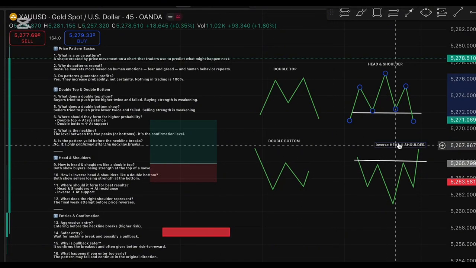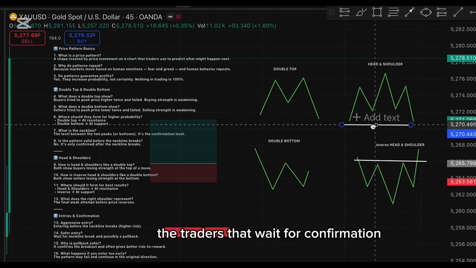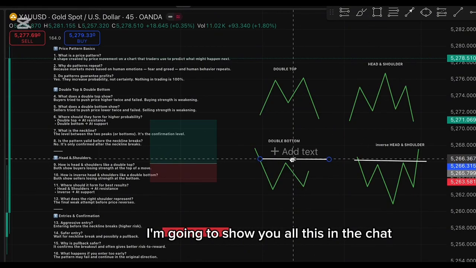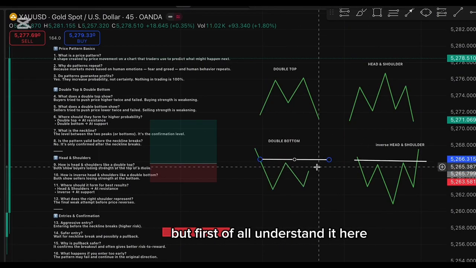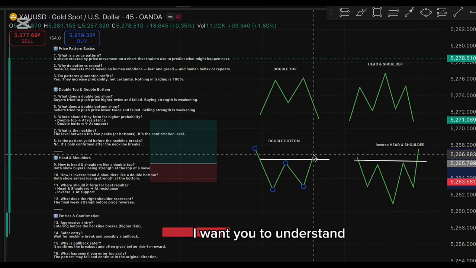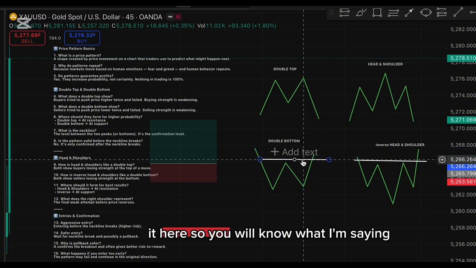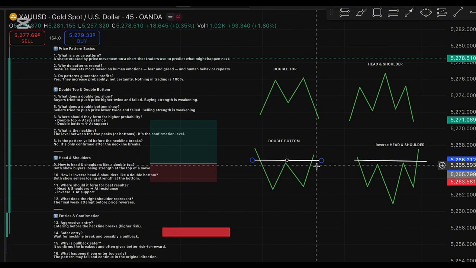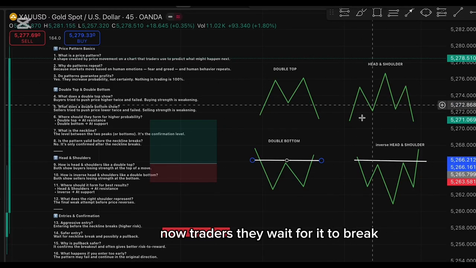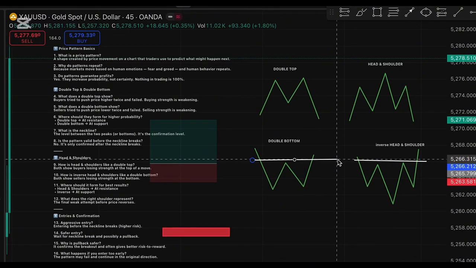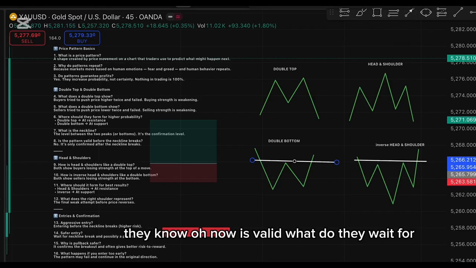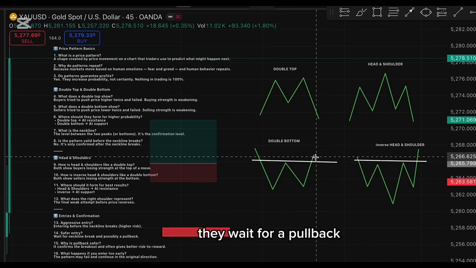Now, the traders that wait for confirmation. I'm going to show you all this in the chart, but first of all, understand it here, so you will know what I'm saying when I enter into the chart. These traders wait for it to break. They know now it's valid. What do they wait for? They wait for a pullback.